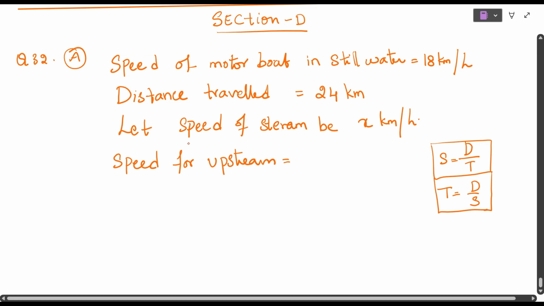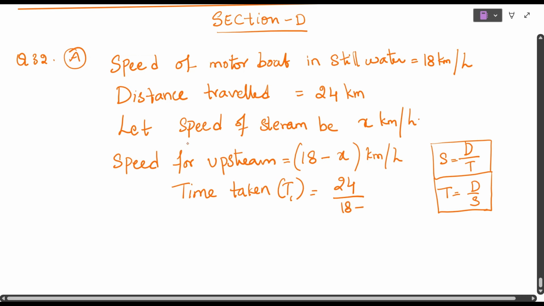So speed of motor boat minus speed of stream, kilometers per hour. What will be the time taken for upstream? Let us take this as T1. Time is distance by speed. Distance is 24, so 24 by 18 minus x.